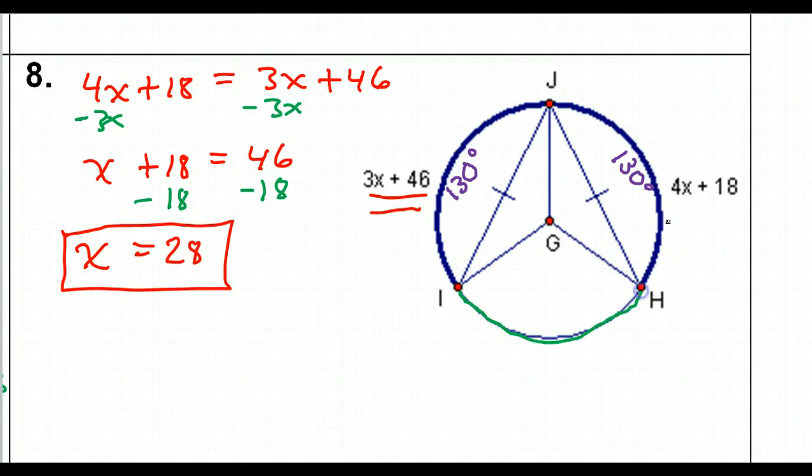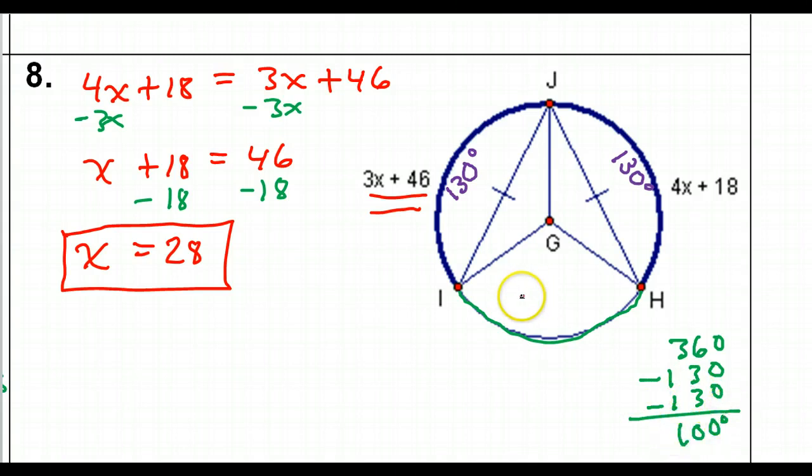And, well, we know that the total circle is always 360 degrees. So all we have to do is subtract from 360. So if we start with 360 degrees and subtract 130 and subtract 130, that's just going to leave 100 degrees. So that means that arc HJ must have a measure of 100 degrees.